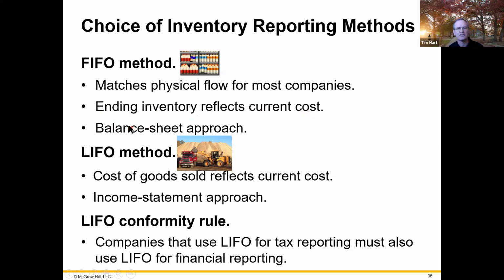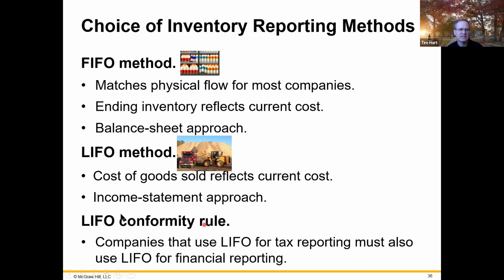Thought of kind of as a balance sheet approach because it has a more accurate balance sheet method. LIFO method, the sand method, cost of goods sold reflects the current cost, right? Of the newest stuff we got in, we sold first, right? So what did it cost us? Thinking more about the net income approach of what it cost us and what we sold it for.